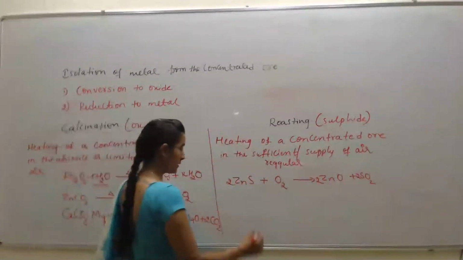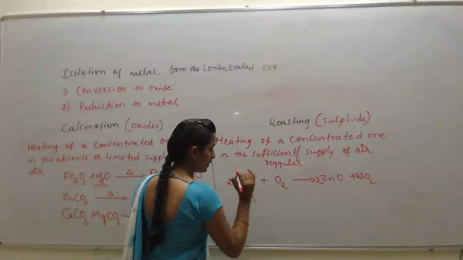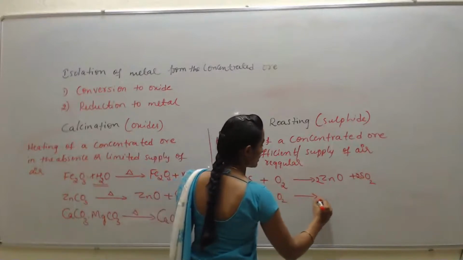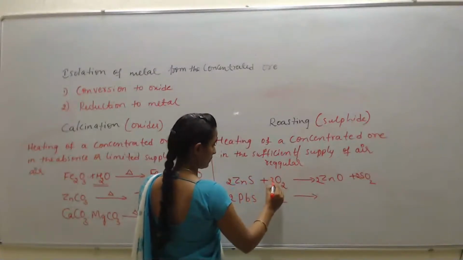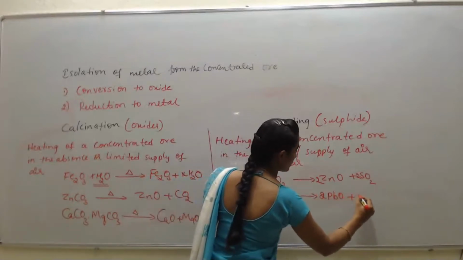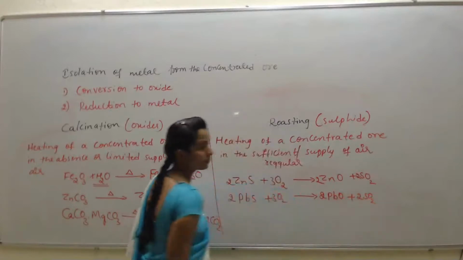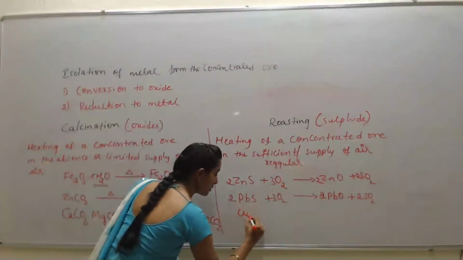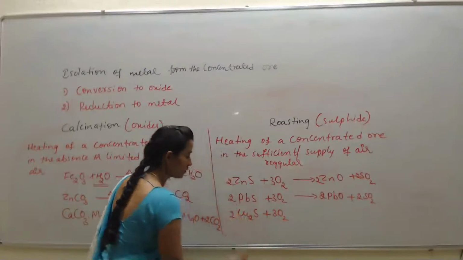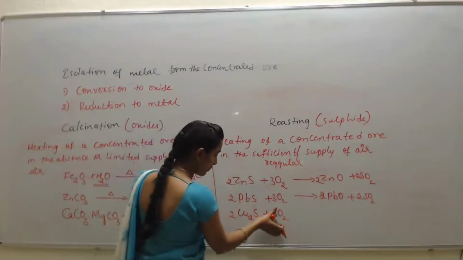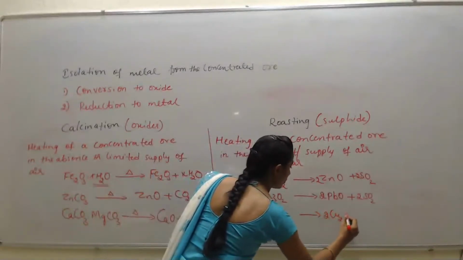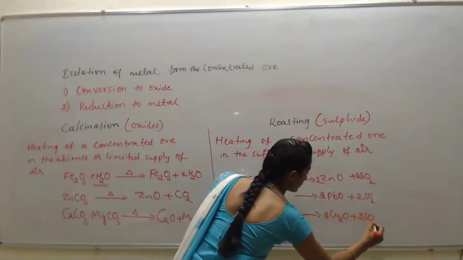Another one is PbS plus O2, 2PbS changes to 2PbO plus 2SO2. Next, Cu2S is there, again with O2, and then you will get 2Cu2O plus 2SO2.